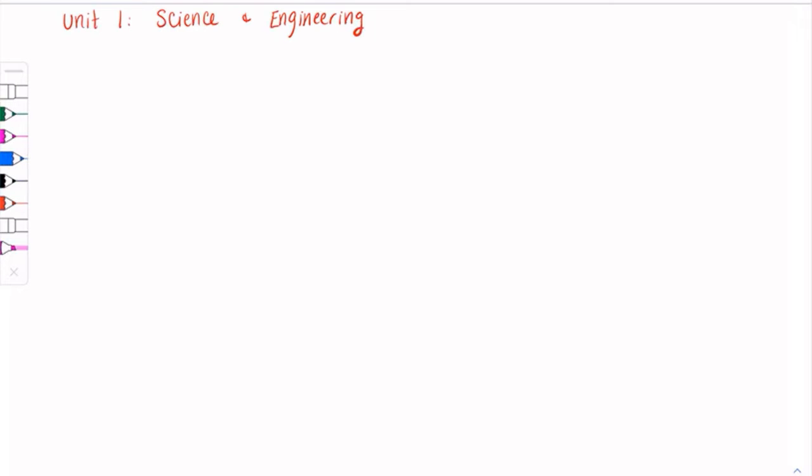Engineers design technology to meet people's needs.